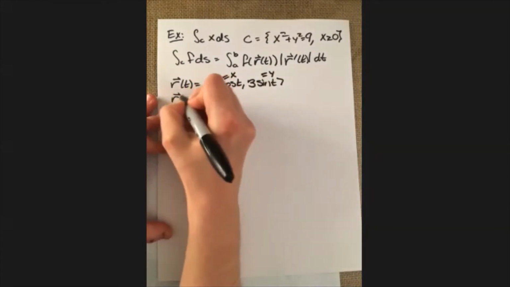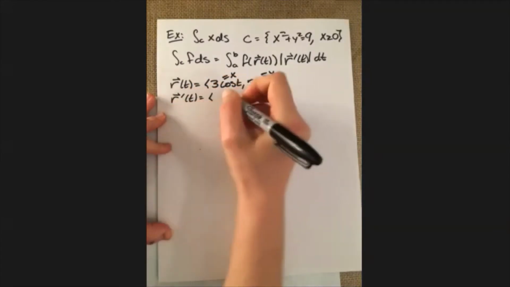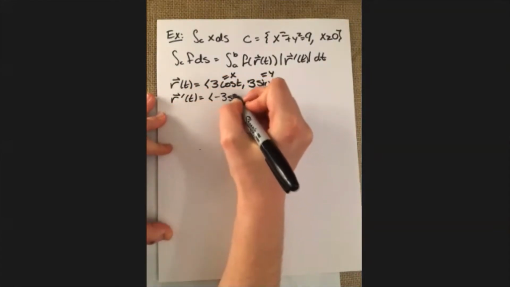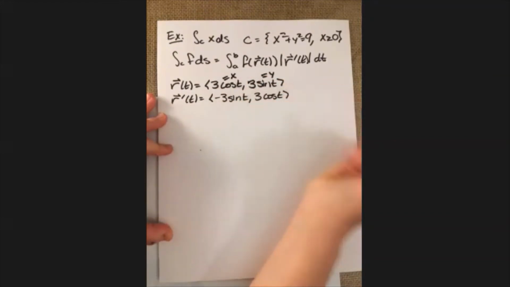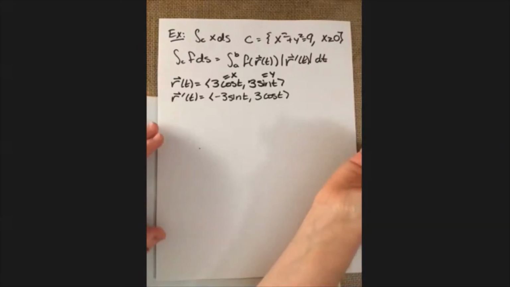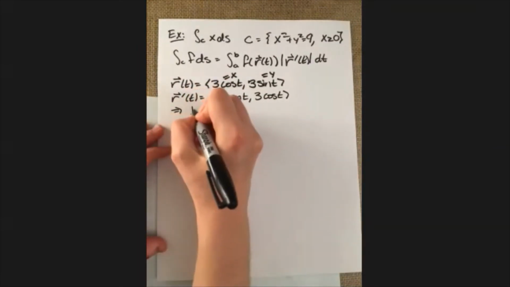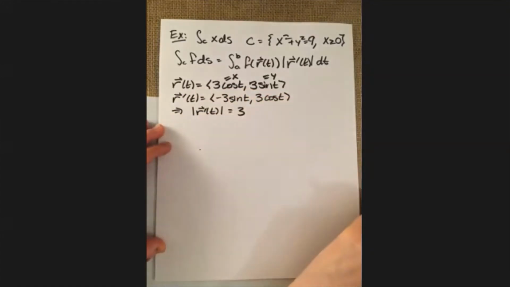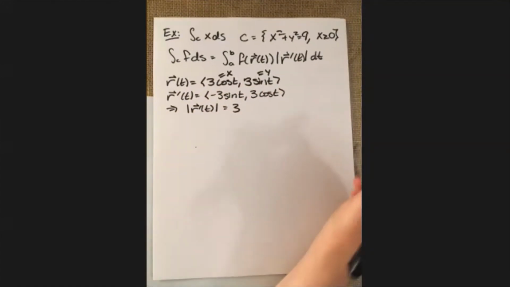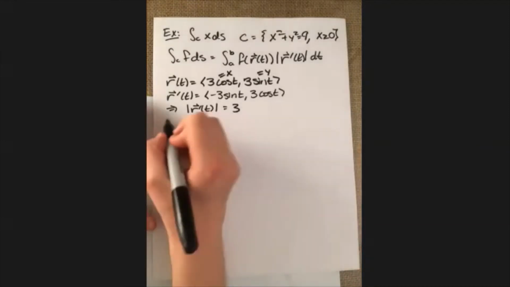We take the derivative, and we get negative 3 sine of t, 3 cosine of t. And our length then is really just going to be 3. Okay, so now the tricky part becomes, what are my bounds for t?